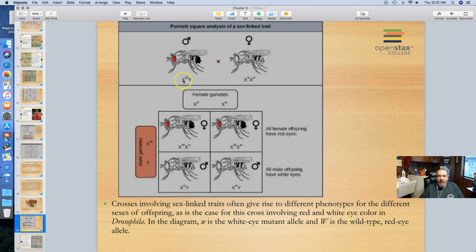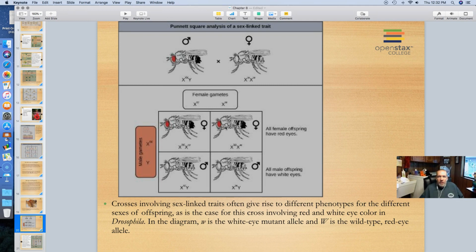So we not only have to carry the X and Y chromosomes, X and Y for male, two X chromosomes for a female, but we also have to carry the alleles for the characteristic, in this case eye color. So an uppercase W there on the X chromosome for the red eye, two recessive alleles on both X chromosomes for the white eye color. And then when we breed these parents together, it shows us what the offspring look like, not only their eye color, but the sex of the offspring.